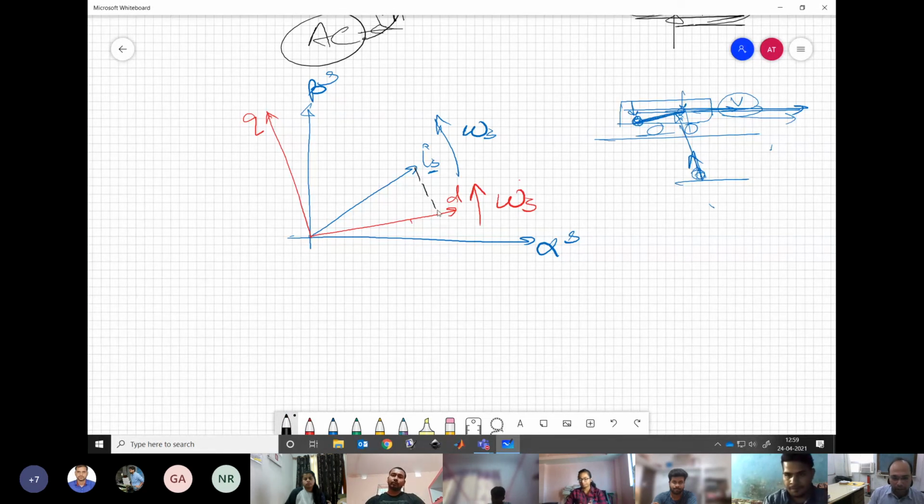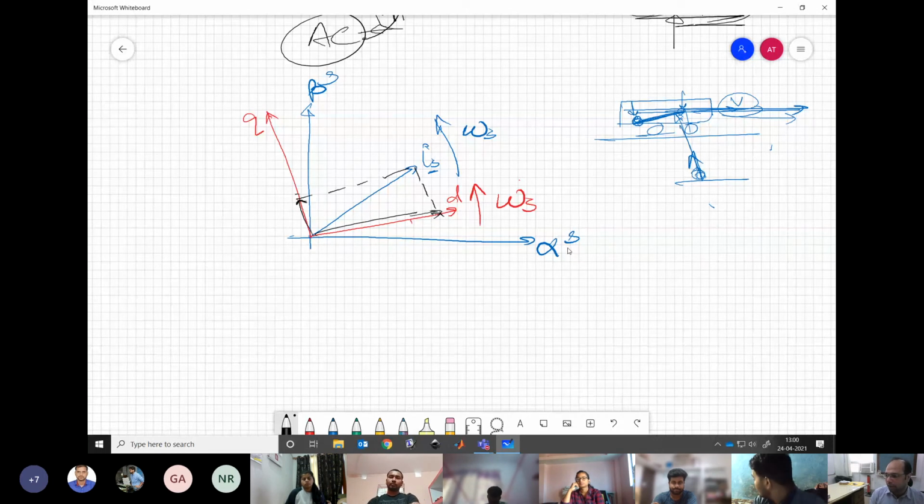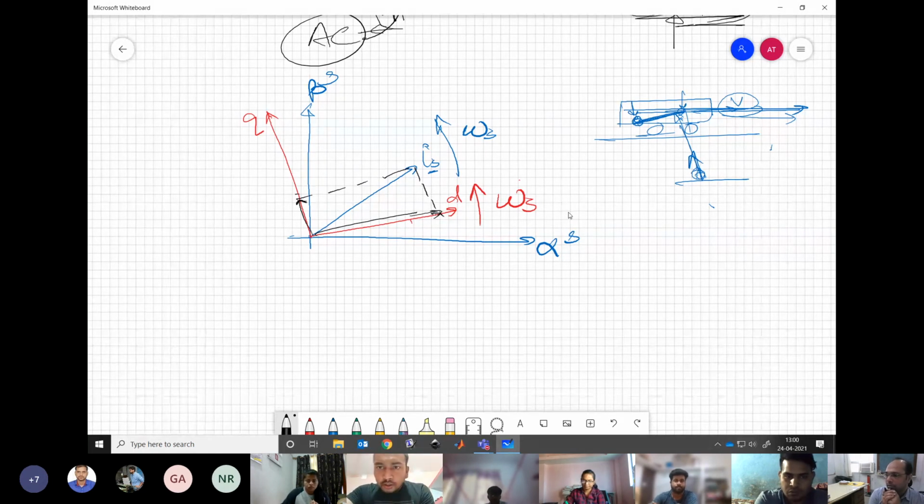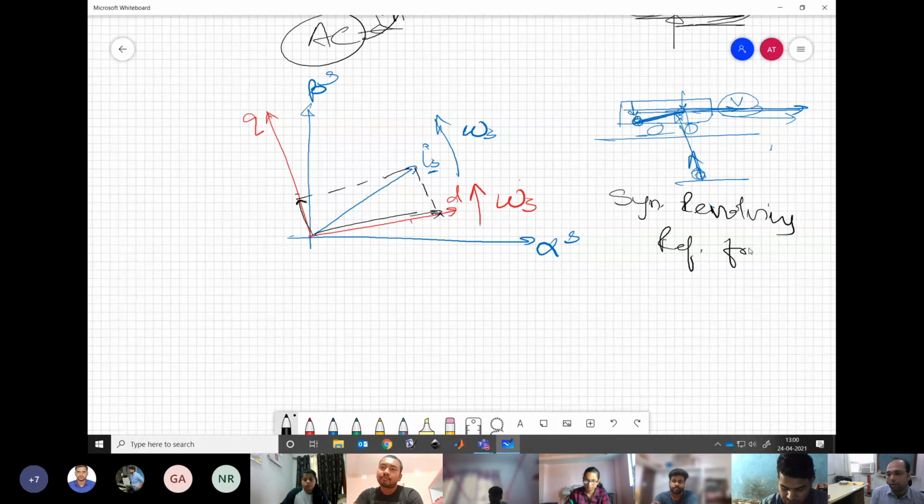The projections created by this quantity on the axes of this reference frame would be a fixed quantity. This will not be changing. Any doubt in that? No, sir. Clear? Yes. So this is what we call our synchronously revolving reference frame.